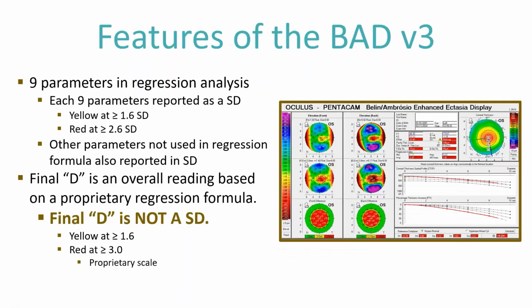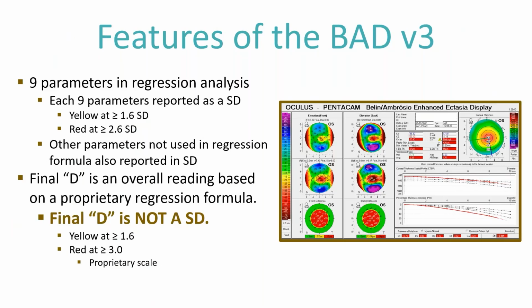So the features of the BAD3, the one that you're currently using: 9 parameters in a regression analysis. Each of the 9 parameters, and actually every parameter on the screen, is reported as a standard deviation. They turn yellow at 1.6 or greater and red at 2.6. And as I mentioned already, other parameters not used in the regression analysis are also reported in standard deviation.